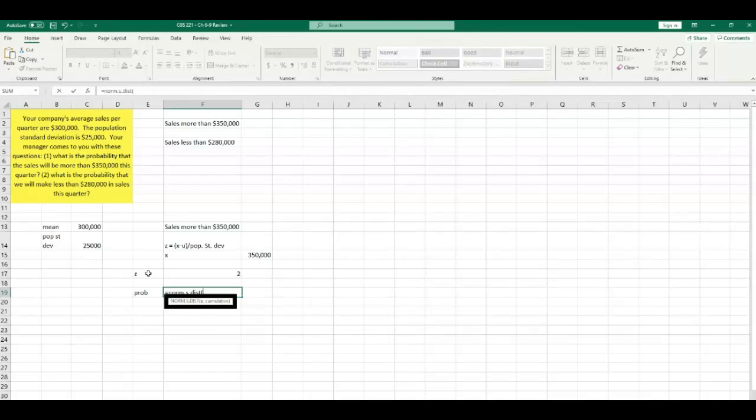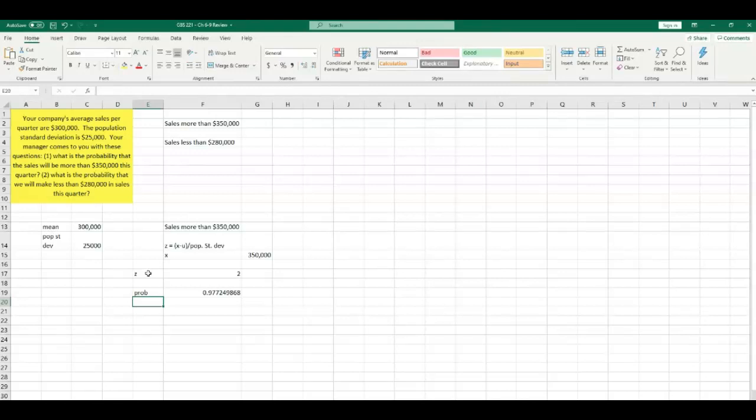That needs a z-score, which we just found is 2, and then we type in true. And that gives us this number of 0.9772. So that's the probability that it will be less than $350,000 in sales.